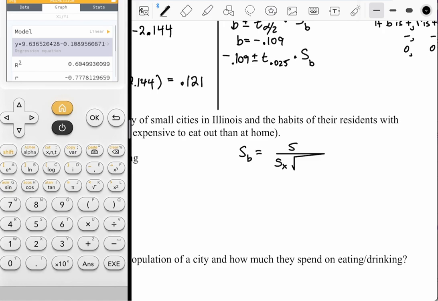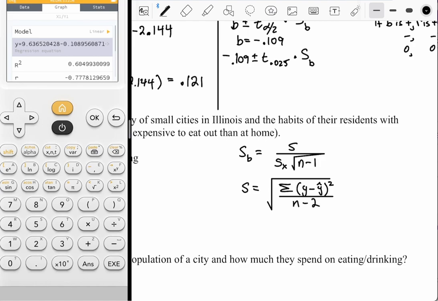I'll just leave it like that for now. And then they tell you that s itself is the square root of the sum of y minus y hat squared over n minus 2.